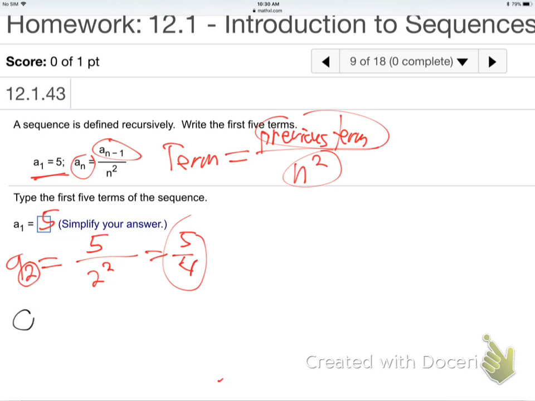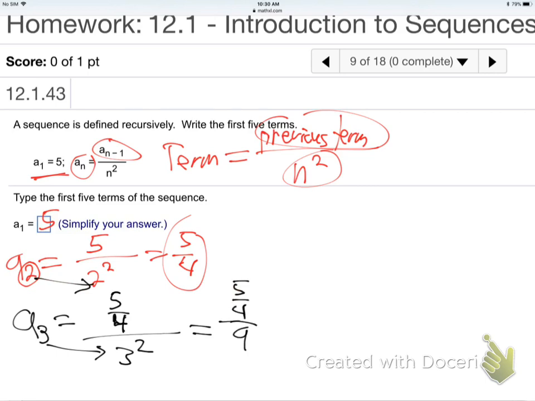All right, and what's a sub 3? It's the previous term, which is 5/4 over your term number squared, 3 squared, which is 5/4 over 9, like that, right?